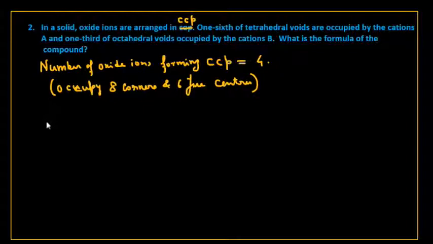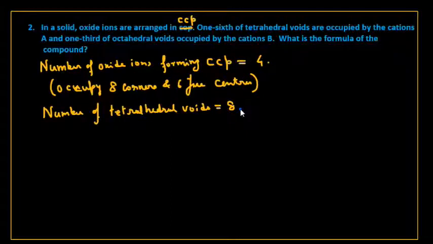Number of tetrahedral voids is equal to 8.